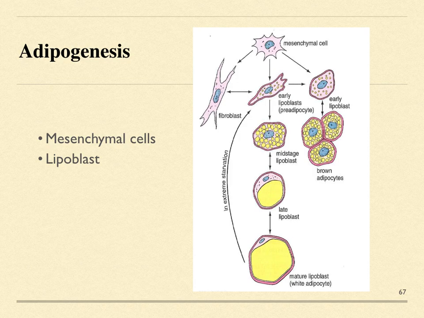And in the white adipocytes, there is just one droplet of fat, and then around this droplet you can find a thin layer of cytoplasm, and here you can see the nucleus is pushed out on one side of the cells, and you can find the nuclei in the white adipocytes just on one side of the cytoplasm.